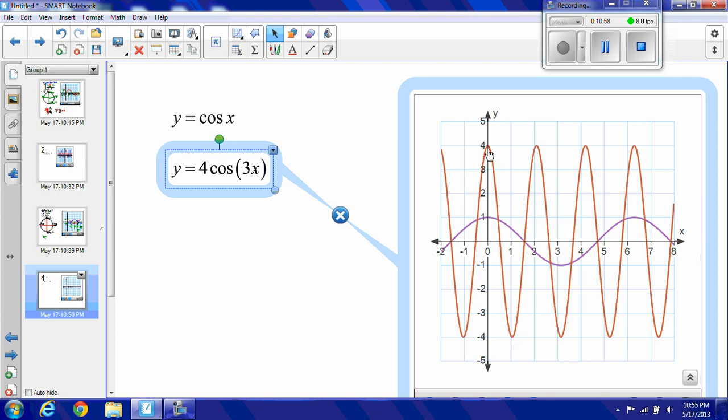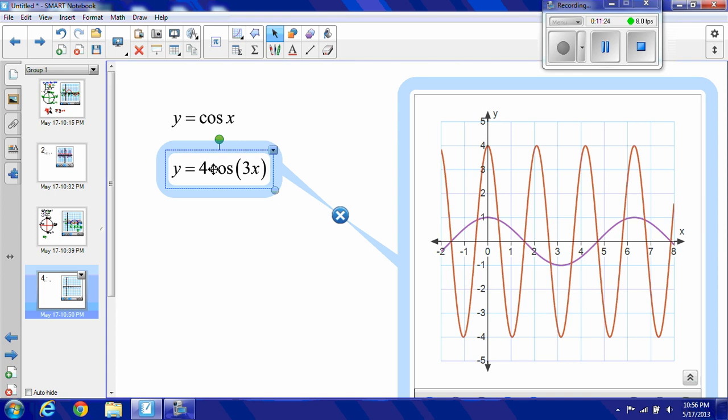So if I go from peak to peak, you can see it's about 2.1. That completed one cycle. I went all the way down and all the way up. And then I'm going to go all the way down again and all the way up, about 4.2. And I'm going to go all the way down and all the way up, about 6.3. So we're completing a cycle about every 2.1, which is 2 pi over 3.